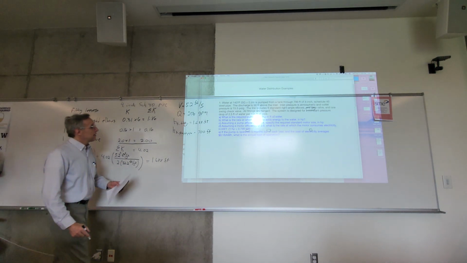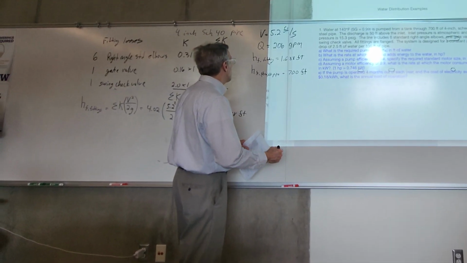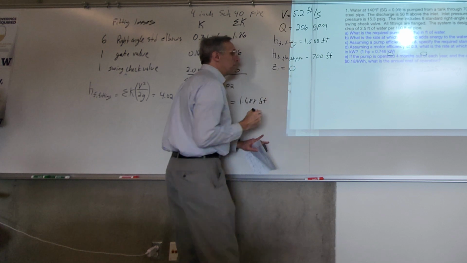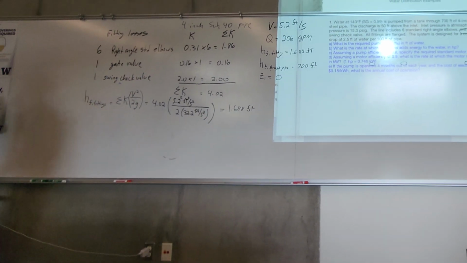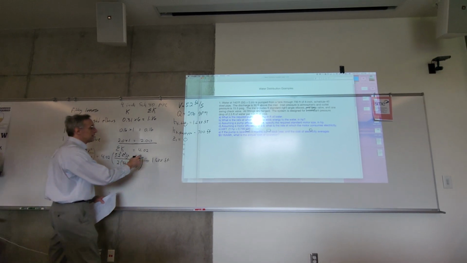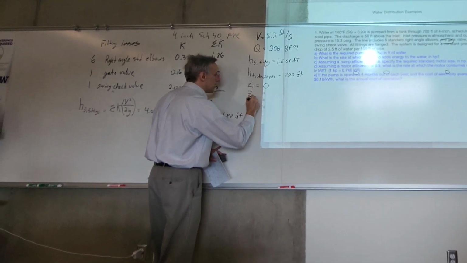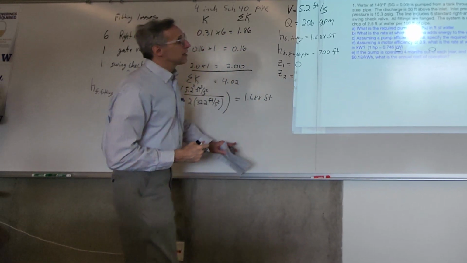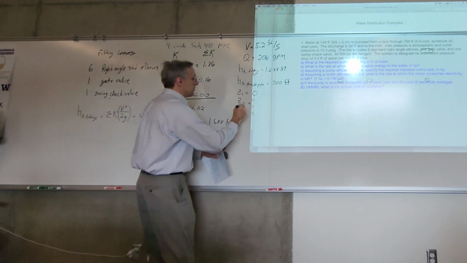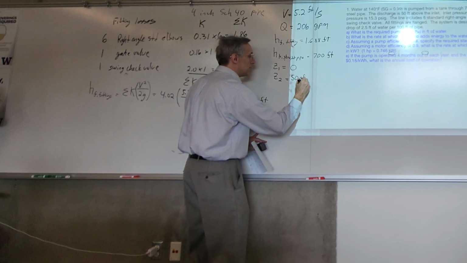Okay, and let's see, what else do we need? We need to know our elevation head change. Usually I make either the inlet or the outlet 0, and the other is relative to it. To me, it's easier to make the inlet 0, and then the outlet elevation is relative to the inlet elevation. So we're going to climb up 50 feet, so Z2 is 50 feet.